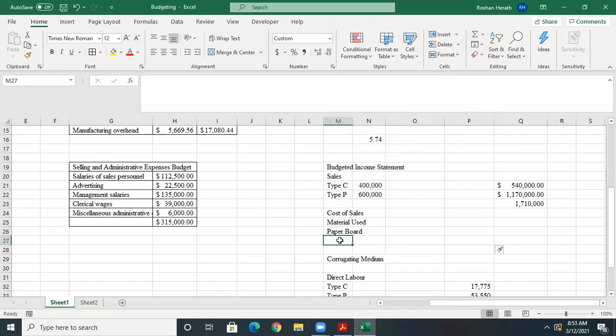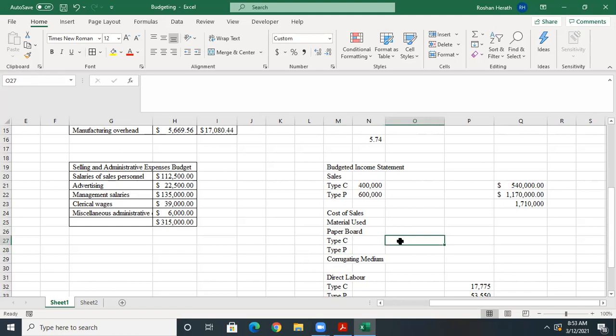Right. So when you come to the paper boards, you have two products, type C and type B. These are the two types we have.